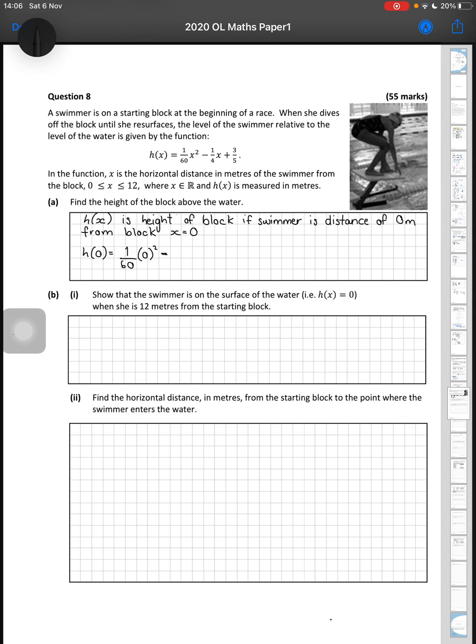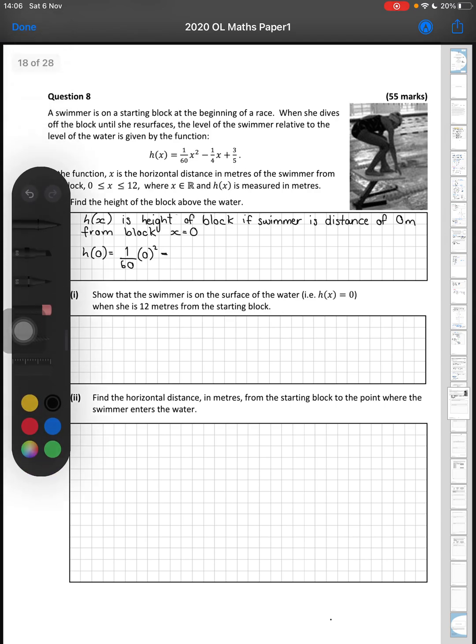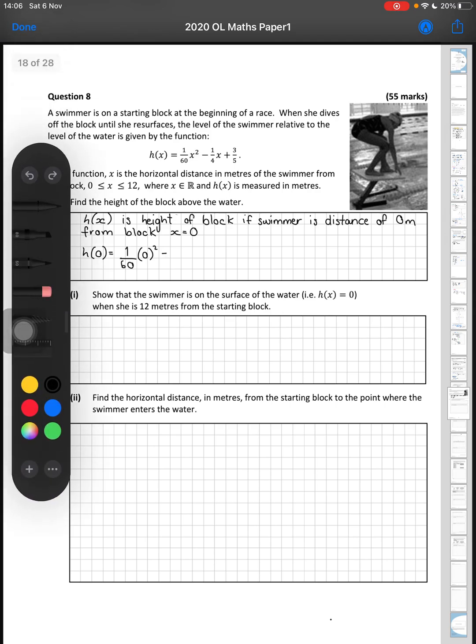So if the swimmer is 0 meters from the block, that means x is going to be 0. So we can find h of 0, which is 1 over 60 times 0 squared, minus a quarter times 0, plus 3 over 5.